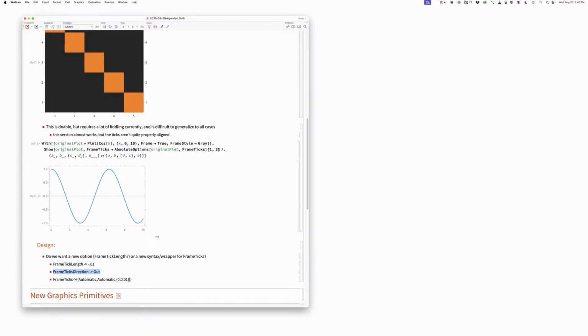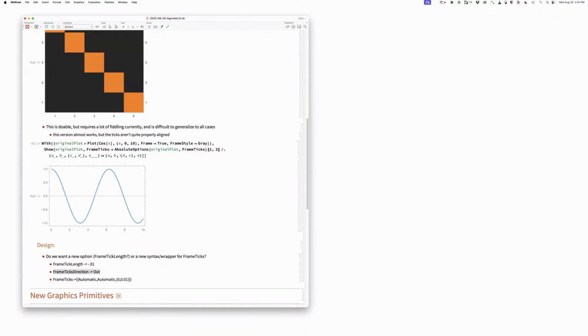Right. So the thing that we're working on right now, as one of the projects, is that things like ticks, frame ticks would become association based, similar to what you were saying, with left goes to this or right goes to that or whatever.